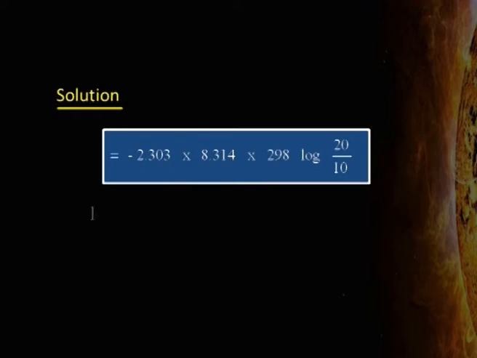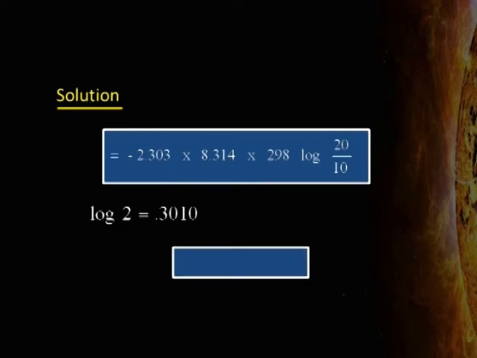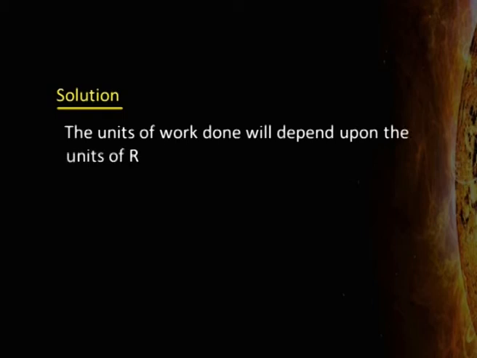As you know that log 2 is equal to 0.3010, hence putting the value of log 2, we will get the value of W equal to minus 1717.46 joules.